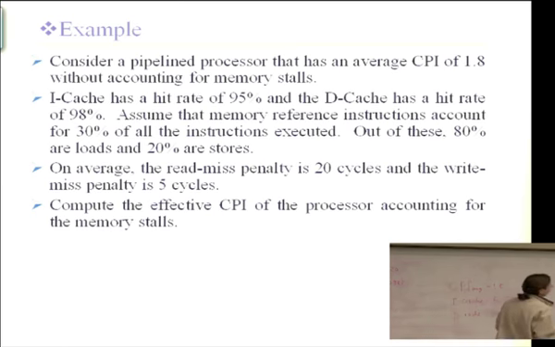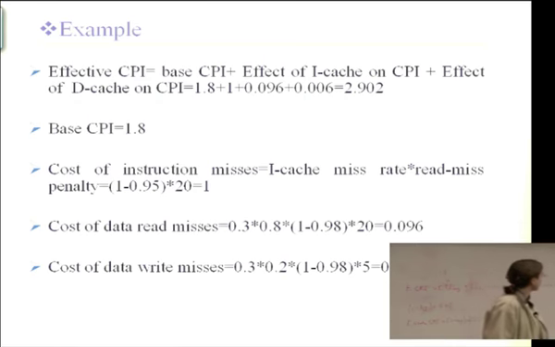And the penalty for write is 5 cycles. So that's how we got all these numbers. And then finally, when you substitute them back, you get this number. Questions?